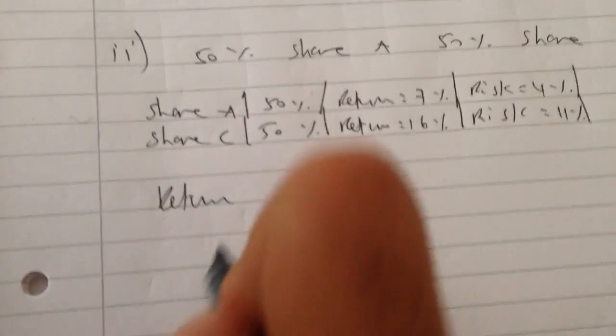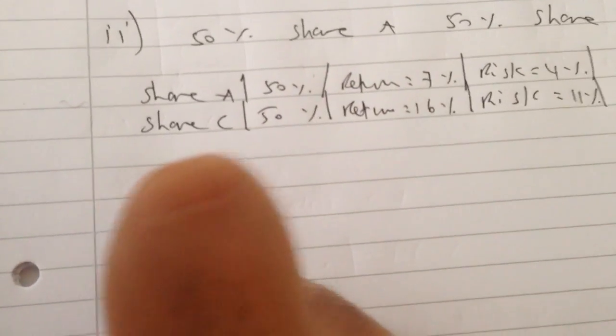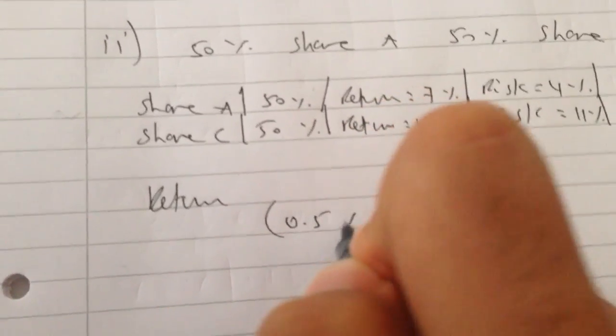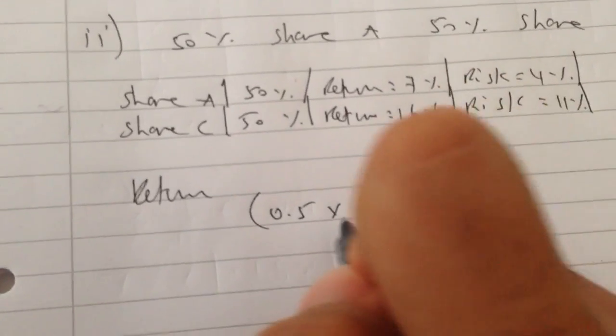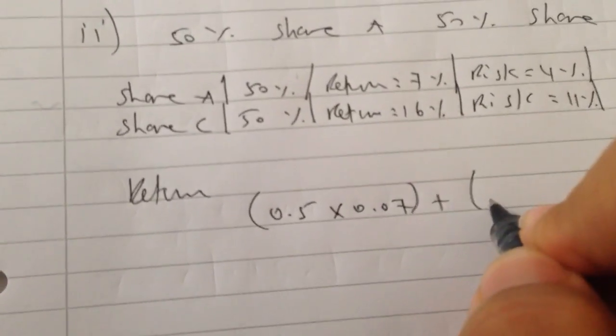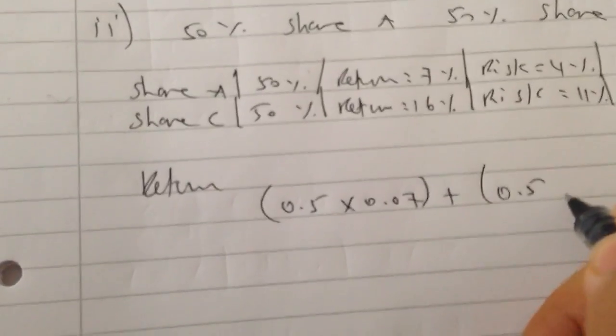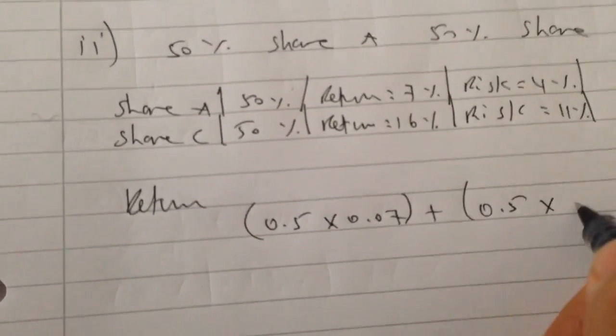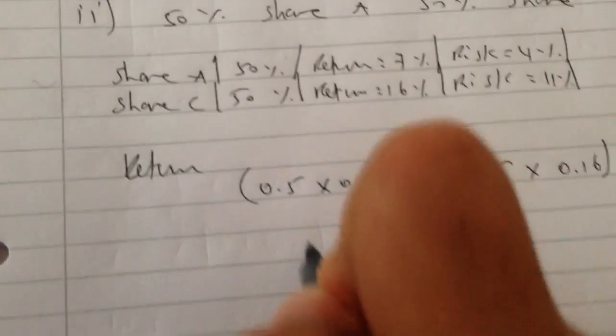And then again, the return formula. For working out the return, we already know the formula. The weight of share A, 0.5, multiplied by the return in share A, 7%, 0.07, plus the weight in share C, 0.5, multiplied by the return in share C, 0.16.